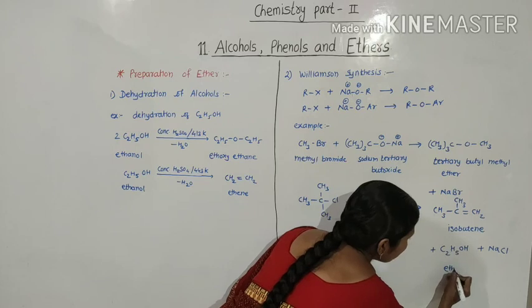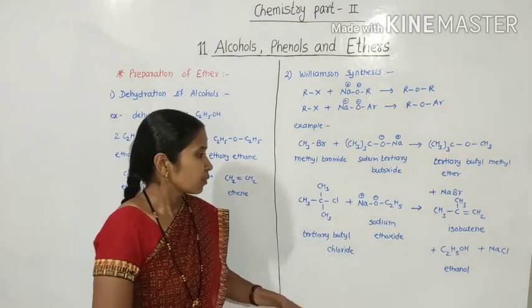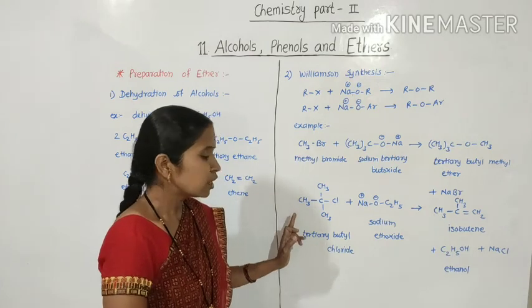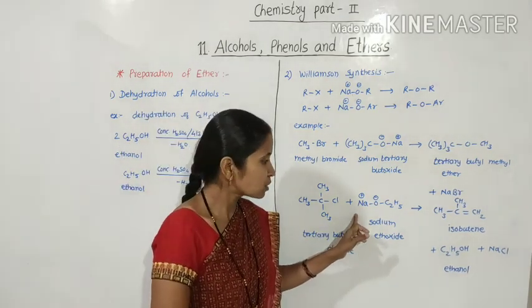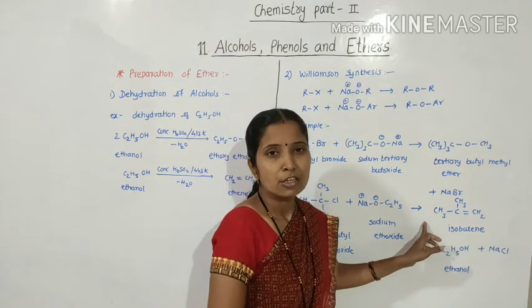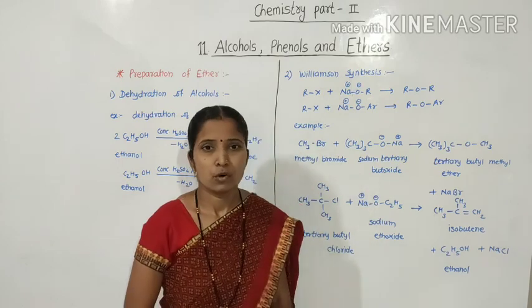Here the other product, ethanol, is formed. Again I repeat, tertiary butyl chloride reacts with sodium ethoxide to form isobutene and ethanol. Okay, thank you.